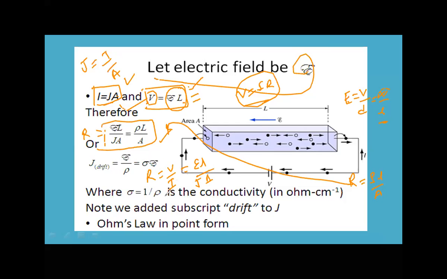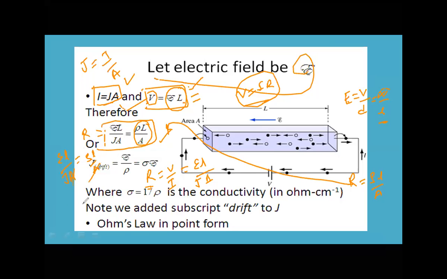So from here, let me write it here, EL by JA, and R is rho L by A. So you can get a relation between the electric field and resistivity.